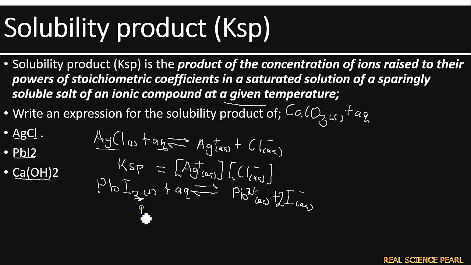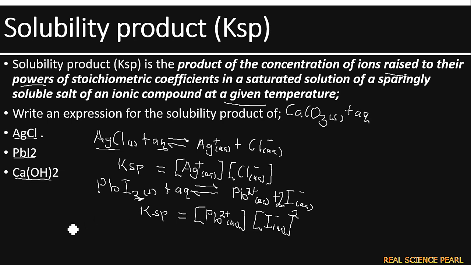Now if you write the Ksp expression, it will equal the product of the concentration of lead(II) ions times that of the iodide ions. But remember, in the definition the concentrations are raised to the powers of the stoichiometric coefficients. We mean this equation you're writing. So you can see we have a 2 on the iodide, so we are going to put a 2 there.